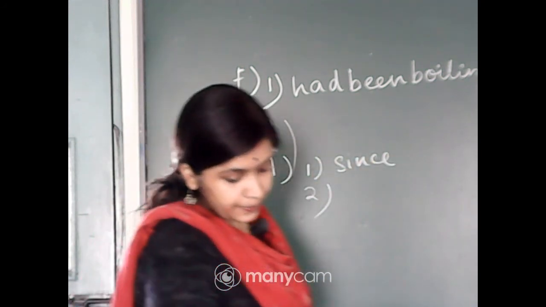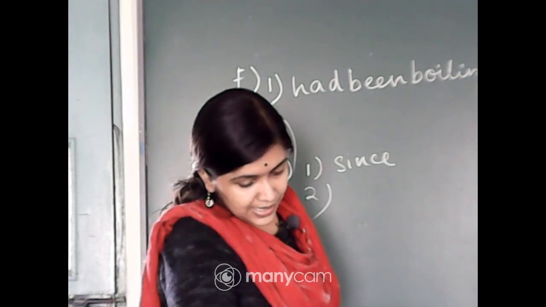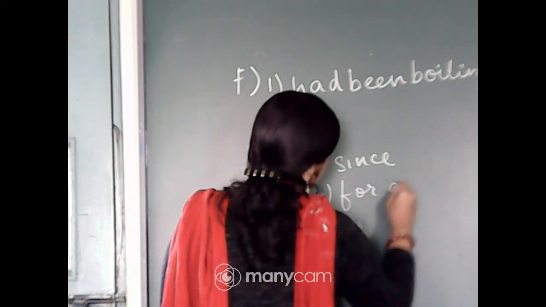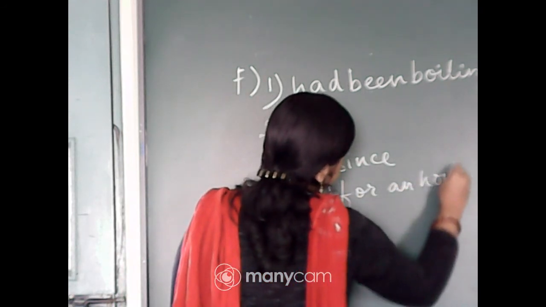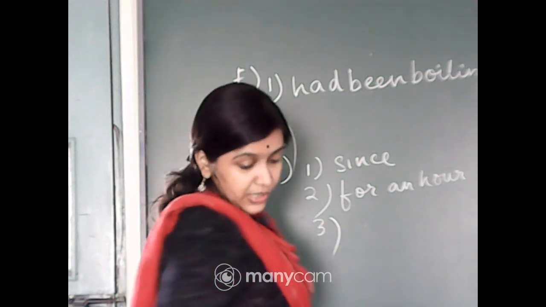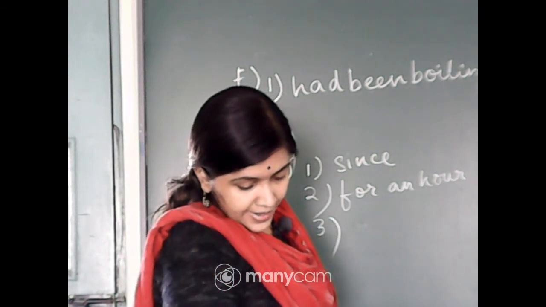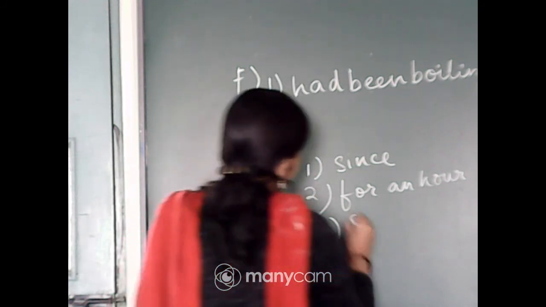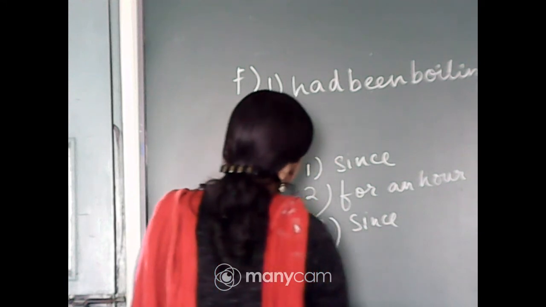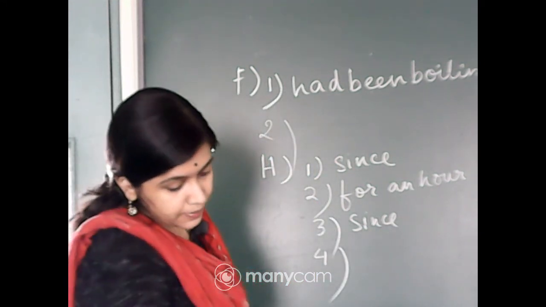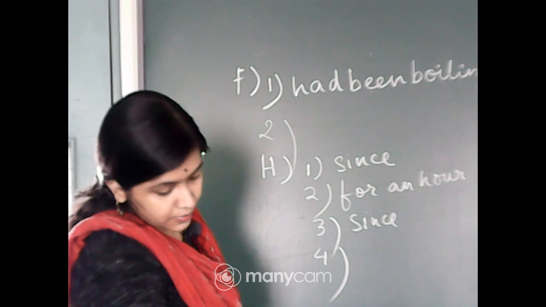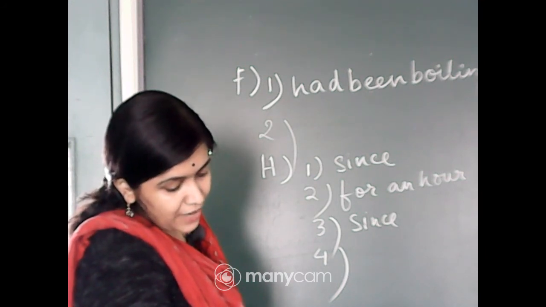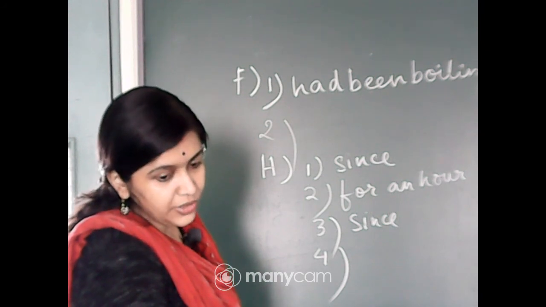Number 2, she has been playing basketball for an hour, it will be. Number 3, all of this you will do in the book. He has not slept since last evening. Number 4, I have known him since I was a child. Number 5, the fire has been burning for 3 hours.